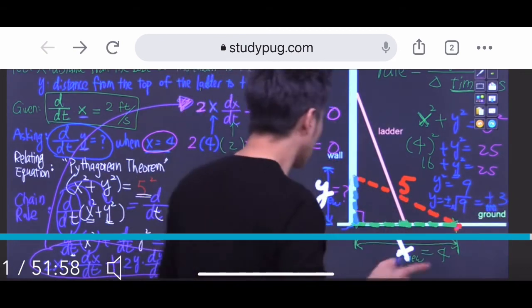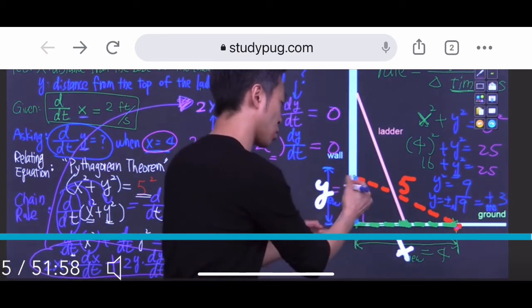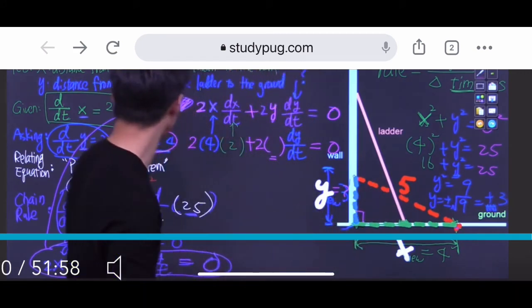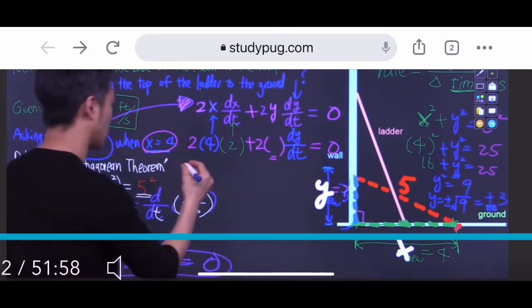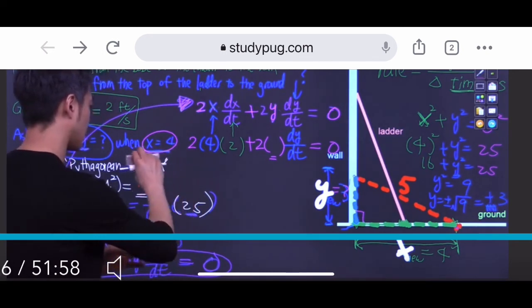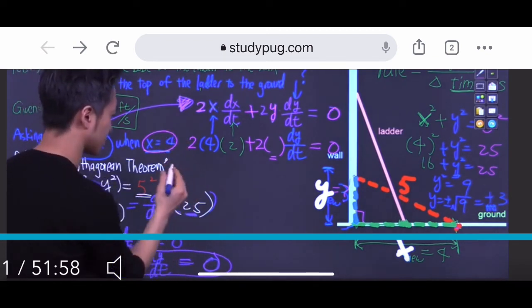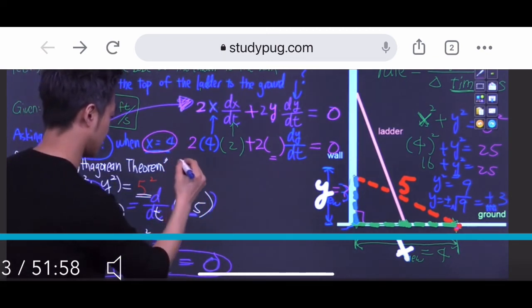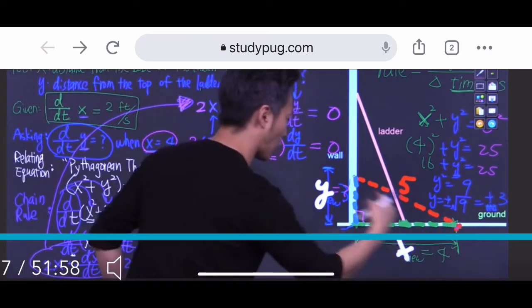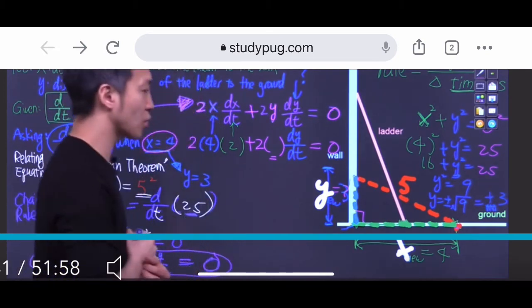So the moment when x is equal to 4, the corresponding y value is equal to 3 in this little triangle right here.